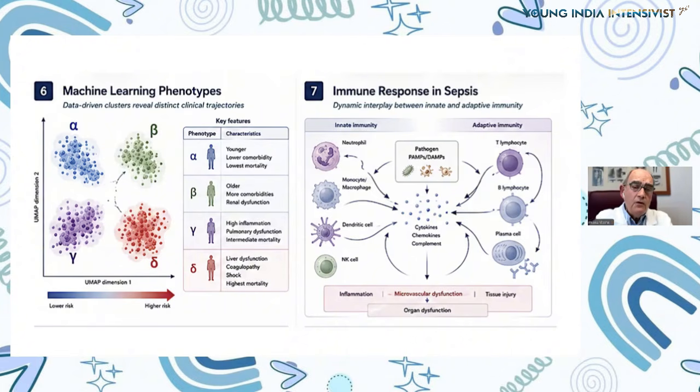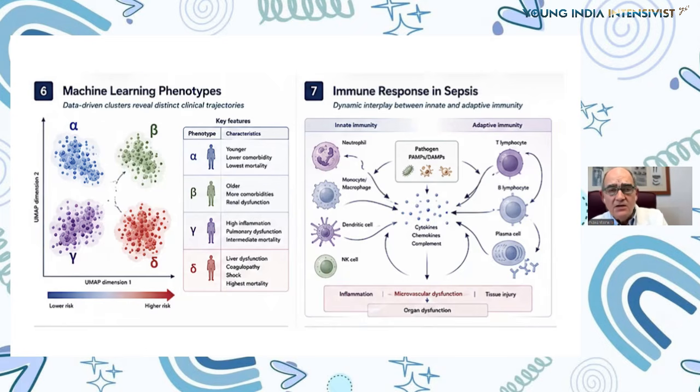And then we move to the 2 more severe phenotype categories: the gamma, with high inflammation and pulmonary dysfunction, whose mortality is in the intermediate position. And finally the delta one, with the highest mortality rate, where liver dysfunction, shock, and coagulopathy are the hallmarks.